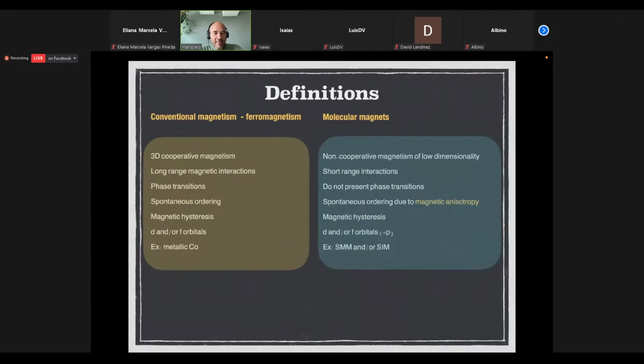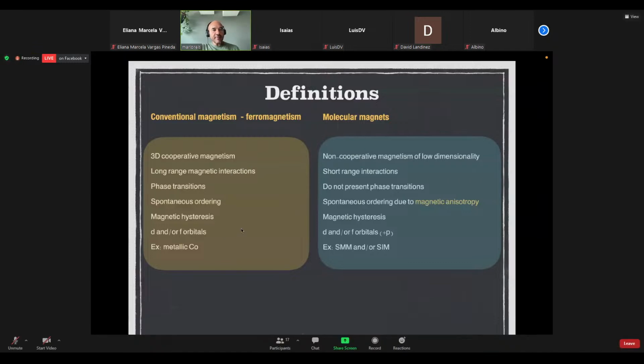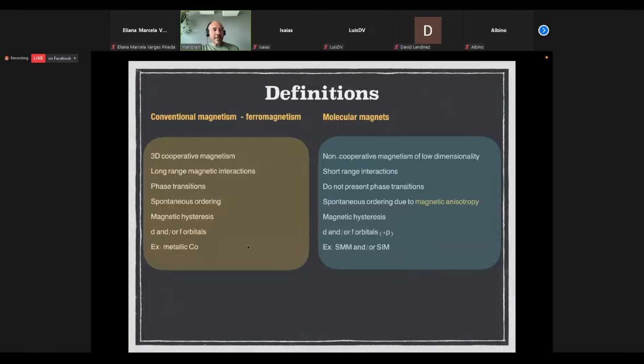In terms of magnetism, we can describe these materials as follows. Let's focus our attention on these two tables here. On this left table, we can find a description of a standard ferromagnetic material, like a piece of cobalt.